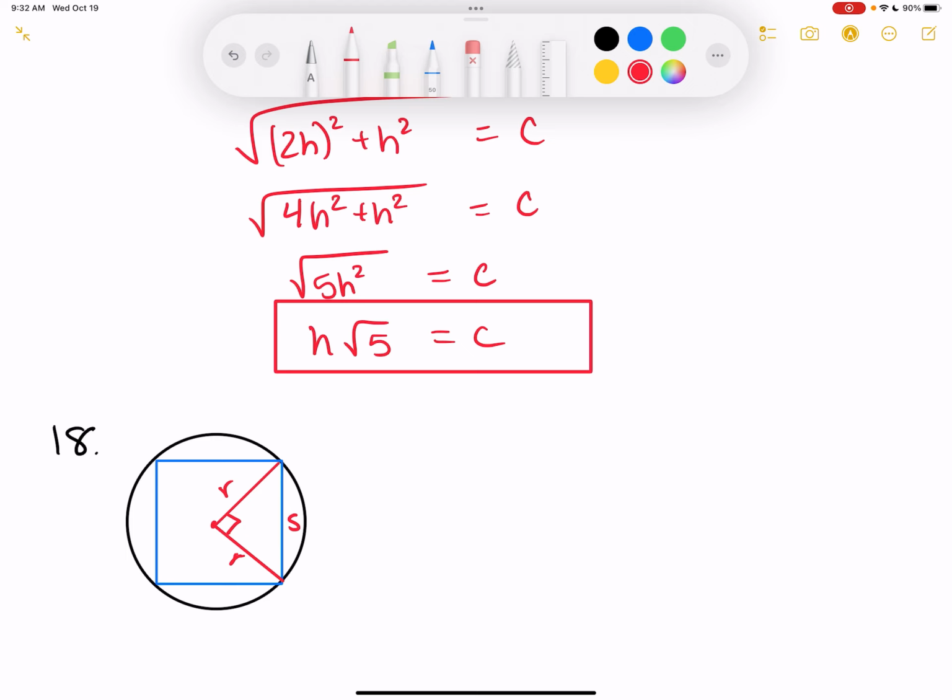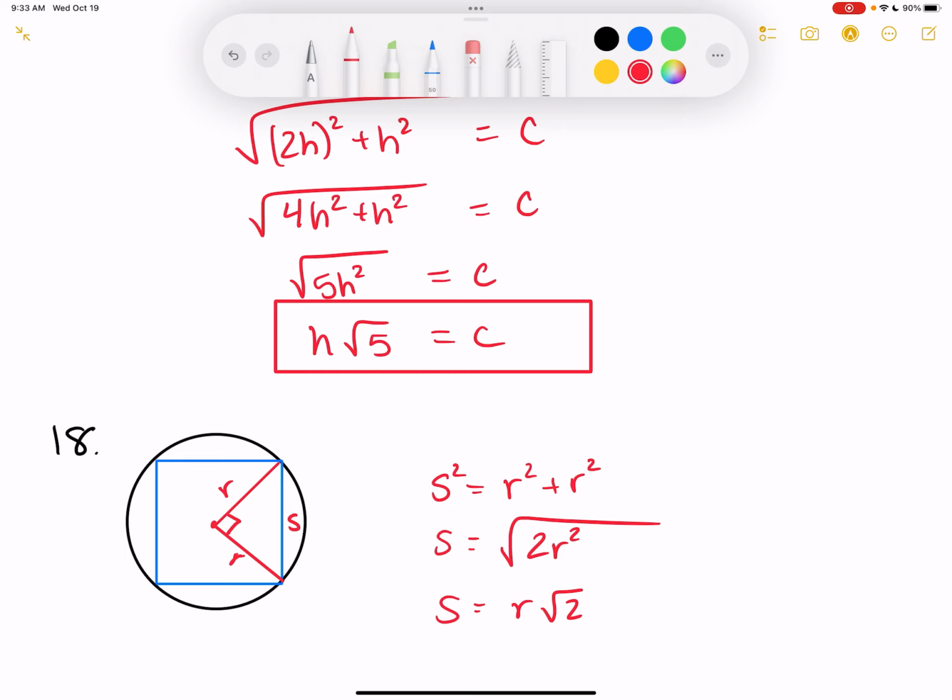Yep, so s squared equals r squared plus r squared. So s is equal to the square root of, we can combine those, 2r squared. You can take out an r, so s is equal to r times the square root of 2.